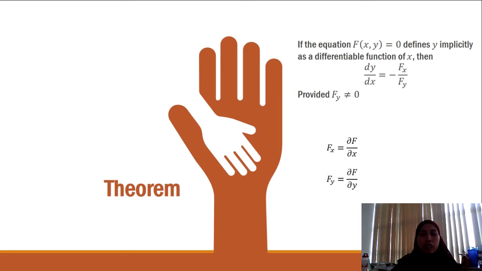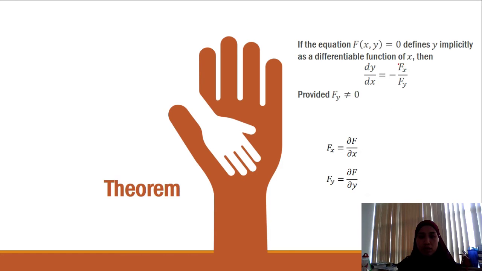For the theorem, capital F here is the notation for the implicit differentiation. If the equation F(x, y) equal to 0 defines y implicitly as a differentiable function of x, then dy/dx is equal to negative partial derivative of F with respect to x divided by partial derivative of F with respect to y, provided the partial derivative with respect to y is not equal to 0.